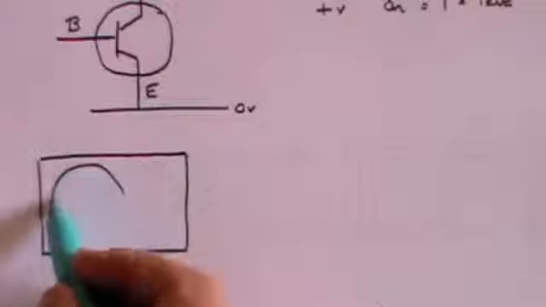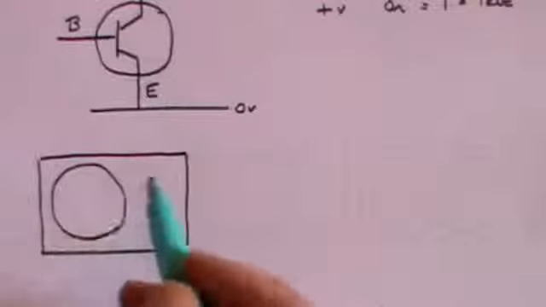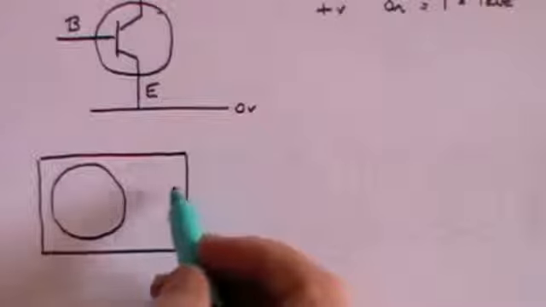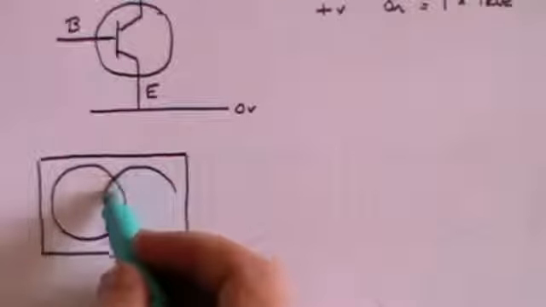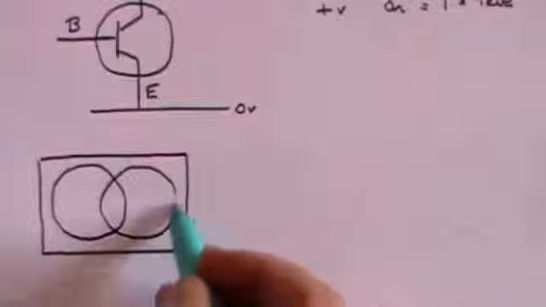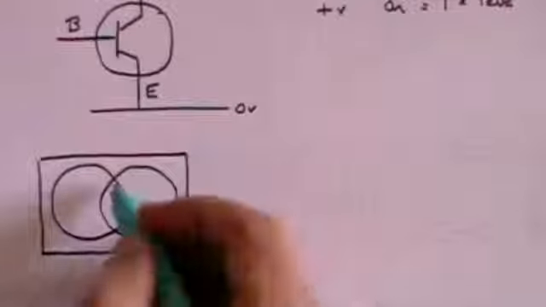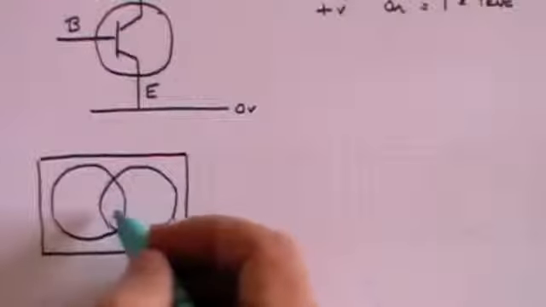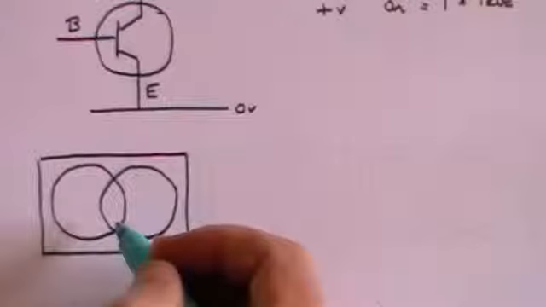This group of children are wearing red jackets. This group of children are wearing black shoes. And this group in the middle are wearing red jackets and black shoes.